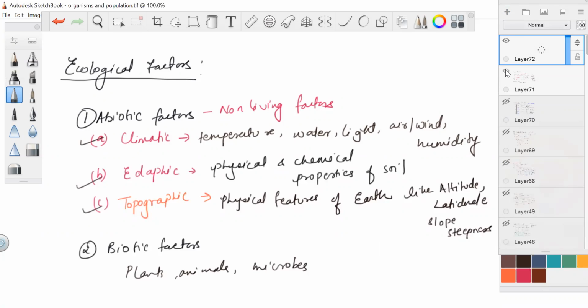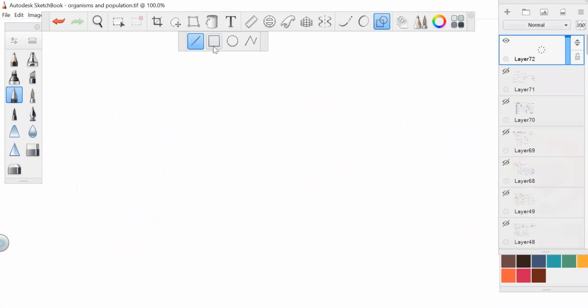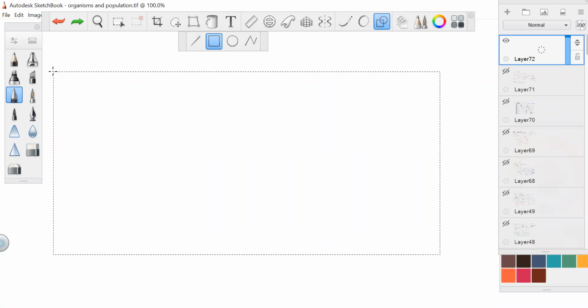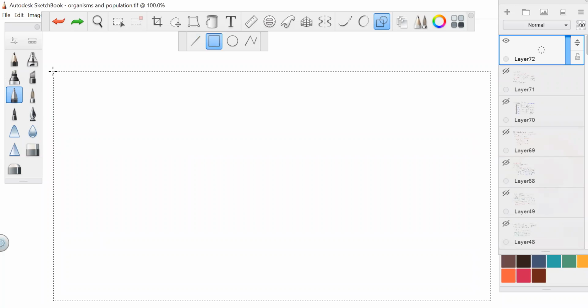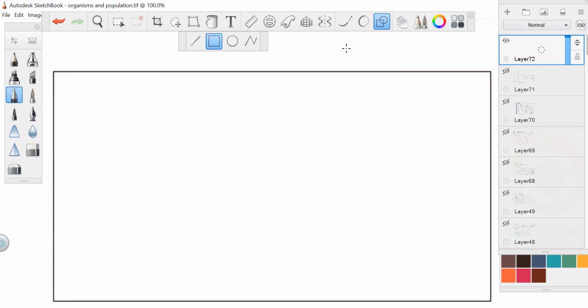So let's make a table. Here I am writing.